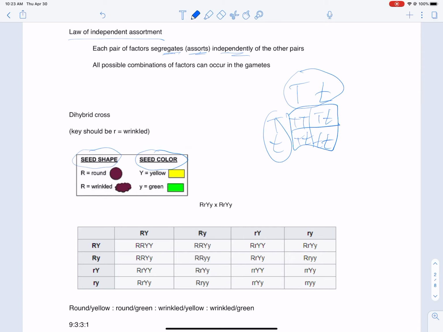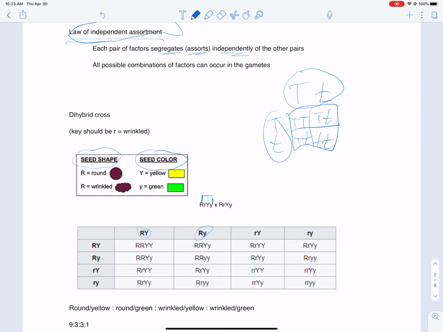So, since the law of independent assortment says that they can assort in any way, shape, or form, I'm going to take this trait with that one, that's here, and then again that first capital R with this second combination of seed color, which is right here.